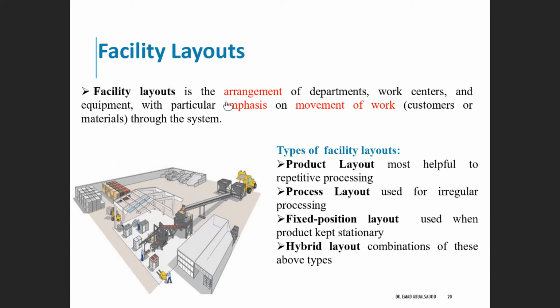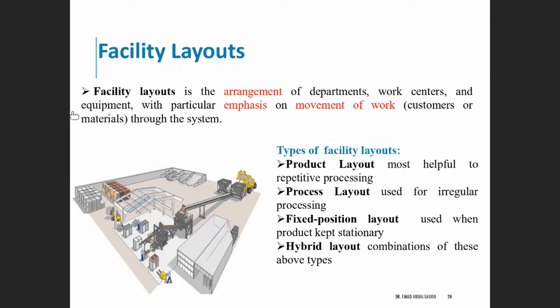Facility layout is the arrangement of departments, work centers, and equipment with particular emphasis on movement of work, customers, or material through the system. So in facility layout or plant layout, from the beginning it was plant layout, meaning the planning or drawing of factories.